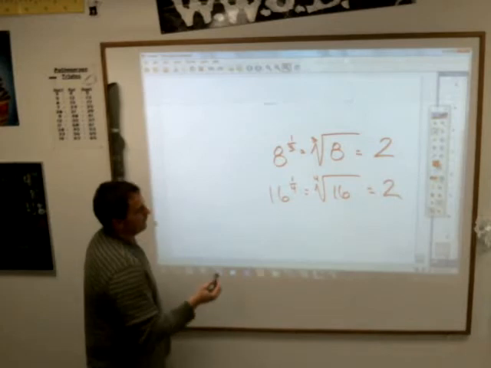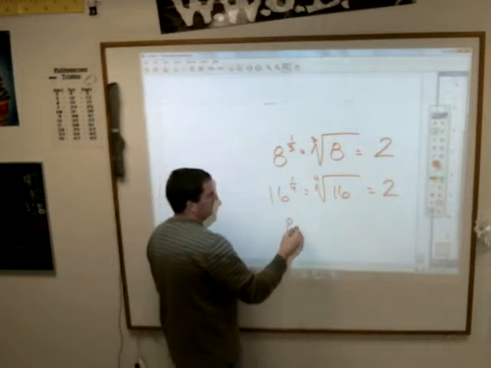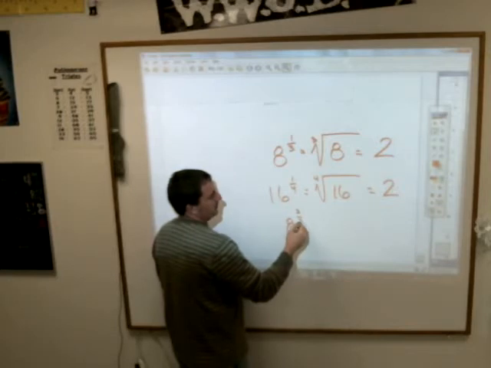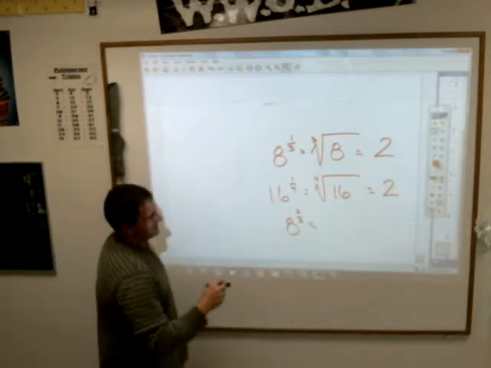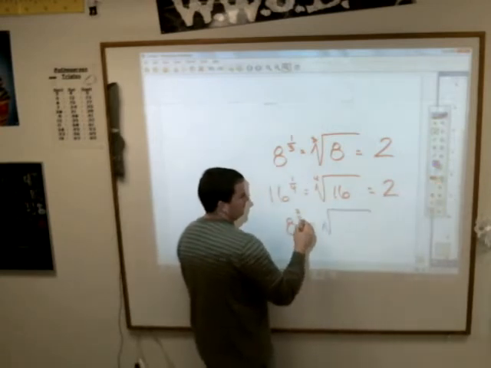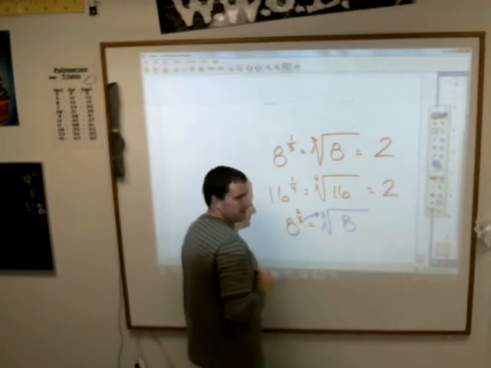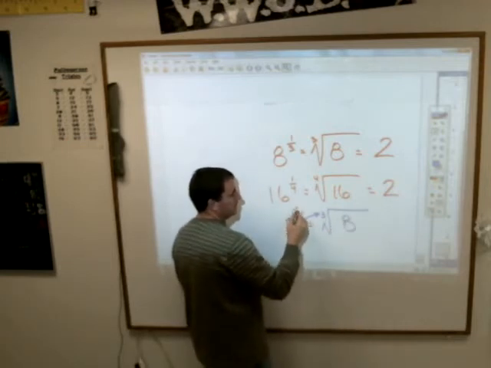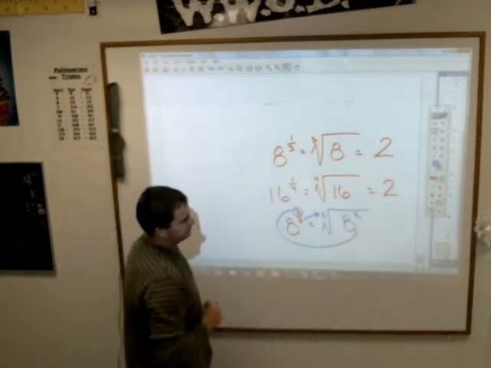Let's look at this one. Let's do 8 to the 2/3 power. I don't think they'll give you anything that looks like this, but it is the same thing as this: the cube root goes out here, 8 goes on the inside, and the 2 is the exponent of the thing inside there.